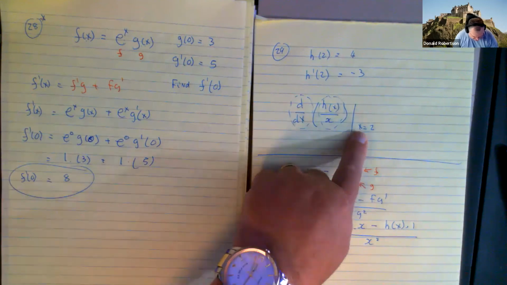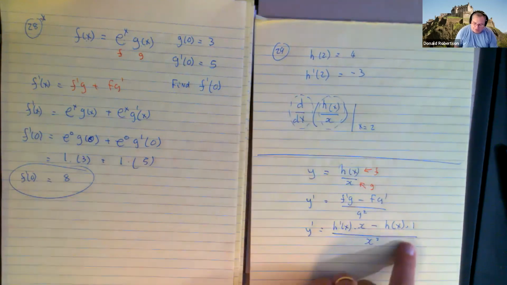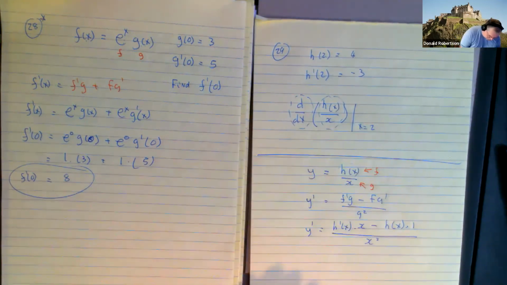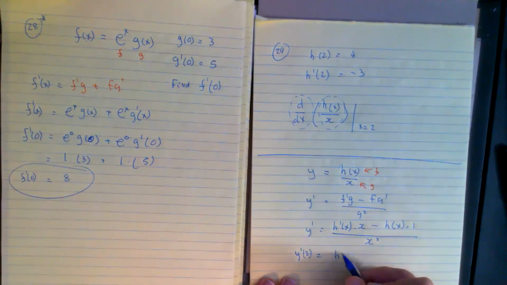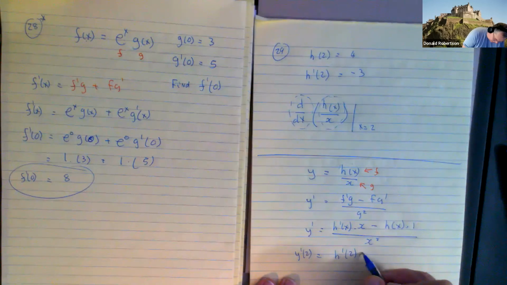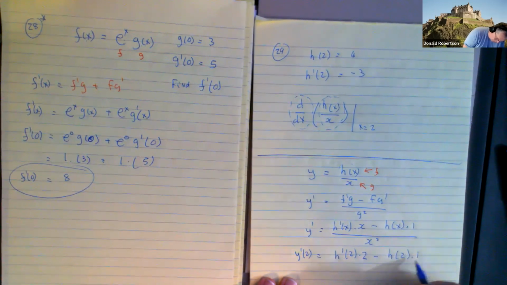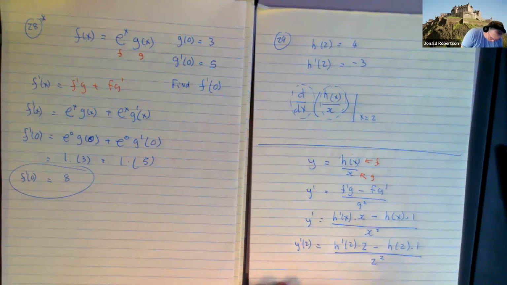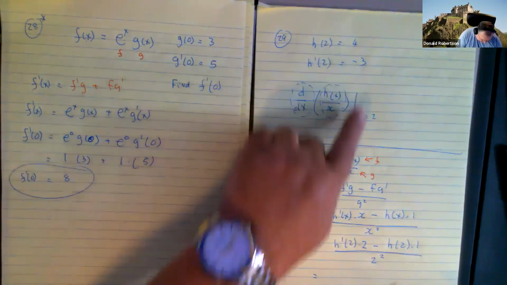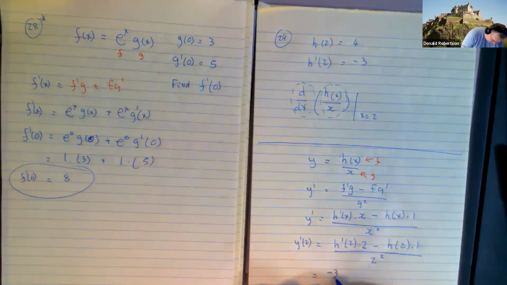And here, they're saying evaluate this derivative at 2. So it's going to be that times 2, take away that times 1, all over 2 squared. And this here is -3.